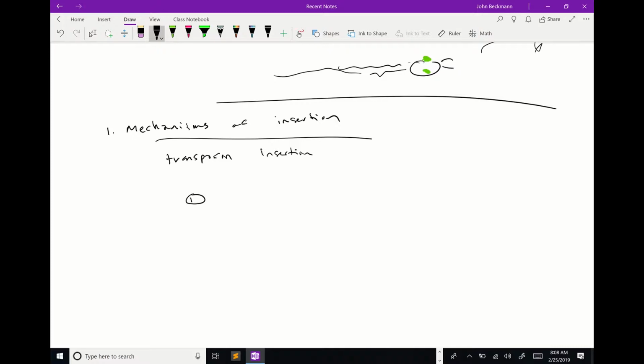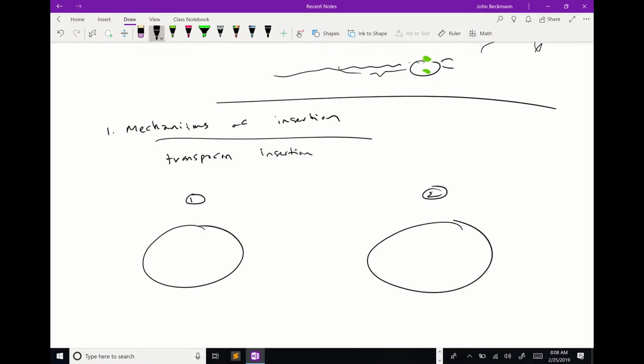So you need to remember that with transposon-based insertion, you need 2 plasmids. What are the plasmids called? Yeah, the helper, which is the suicide one. There's the helper and then the donor. And what's the unique difference about these 2 plasmids?